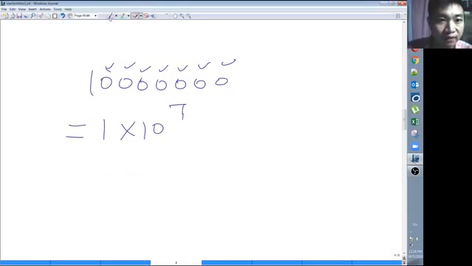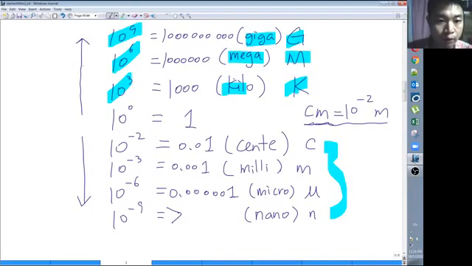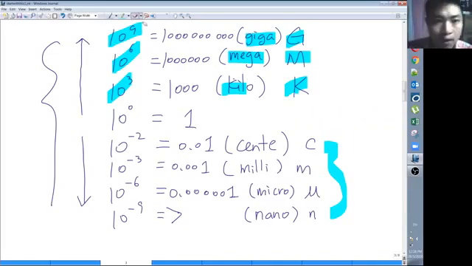But what if you want to use the letters to represent your 1 times 10 to the power 7? Let me write it down here so you don't have to go back and forth. Which one should you pick to represent 1 times 10 to the power 7?